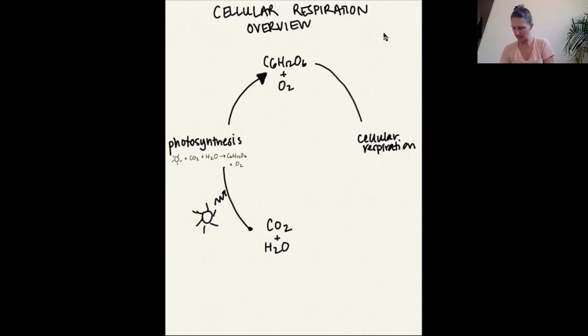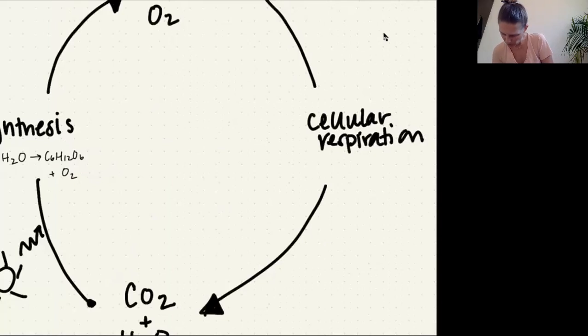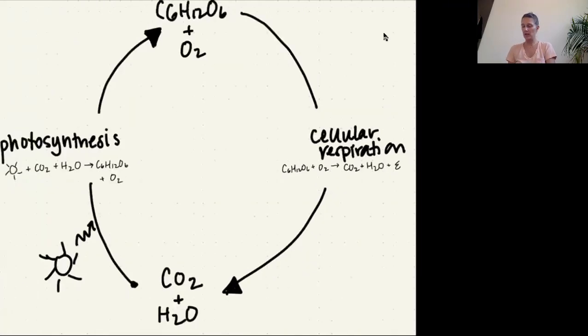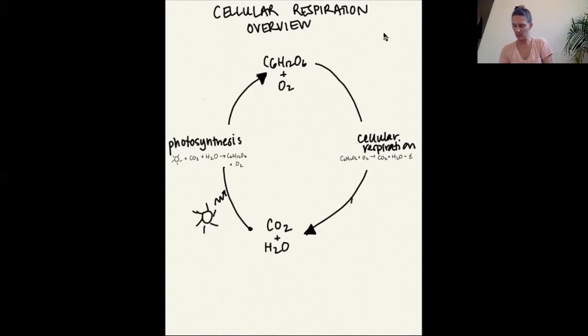On the other hand, cellular respiration is going to do a reciprocal function. So let's write out the equation for cellular respiration. We're going to see C6H12O6 plus oxygen go to carbon dioxide and water and energy, right? And that energy is obviously in the form of ATP.